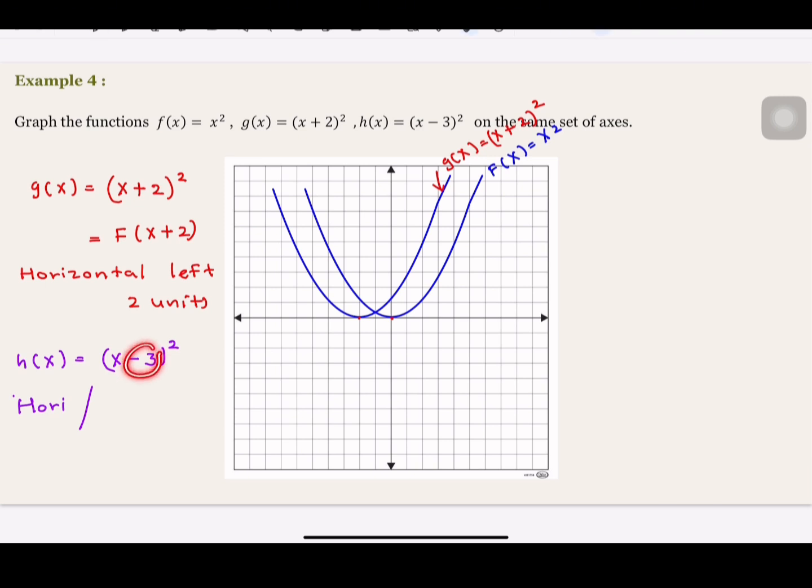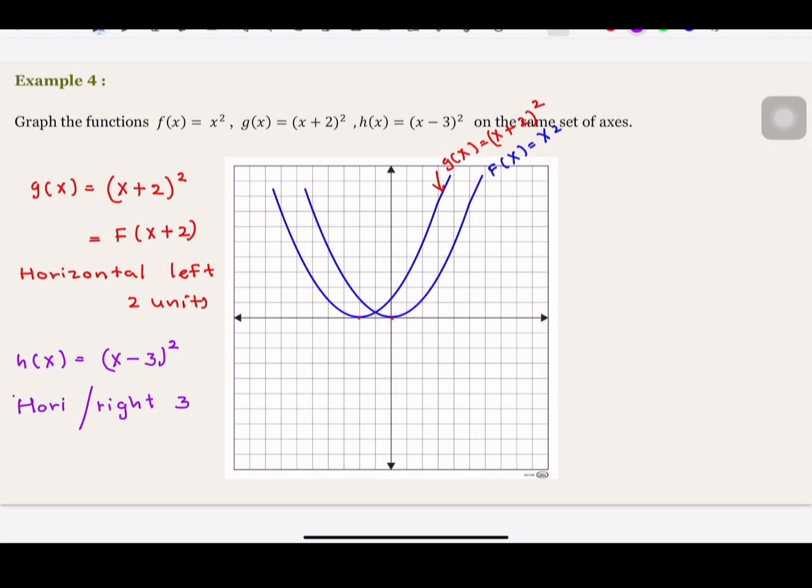Since this is negative 3, it's a right shift by 3 units. So that means you have to move this parent function over here to the right by 3 units.